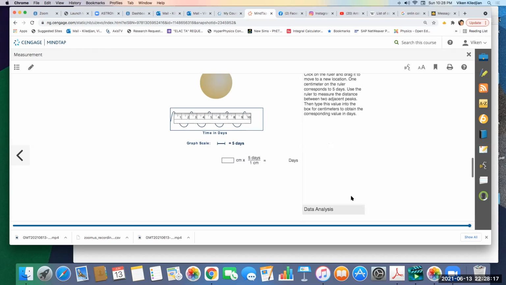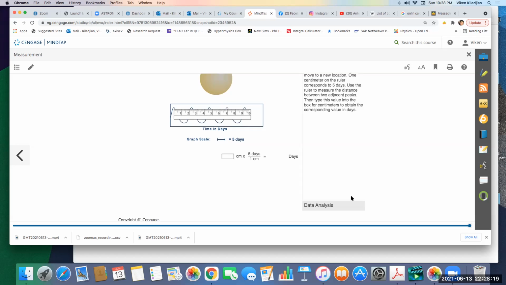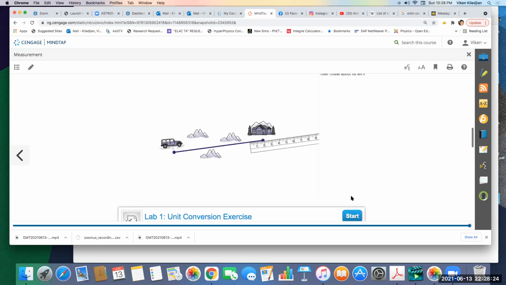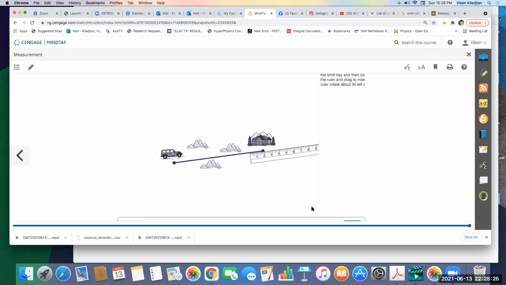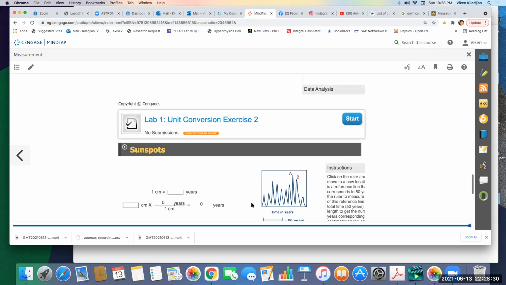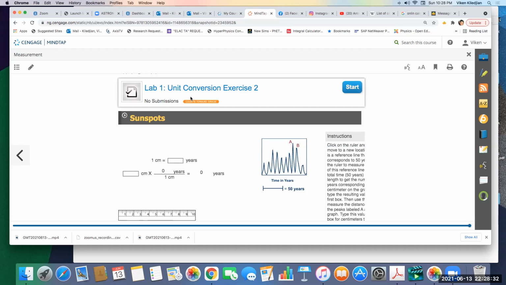So I believe that's the third activity that we've done, right? One with the ruler, one with the previous one, and one with this. So that's 3. And now this is the next one, lab 1 unit conversion exercise 2. So this is going to be the 4th activity.